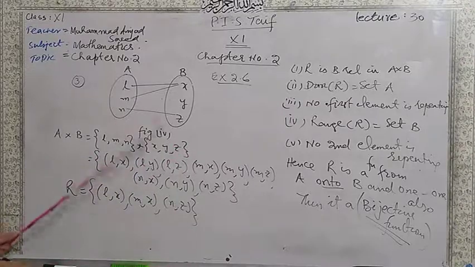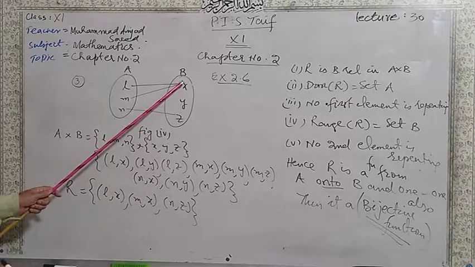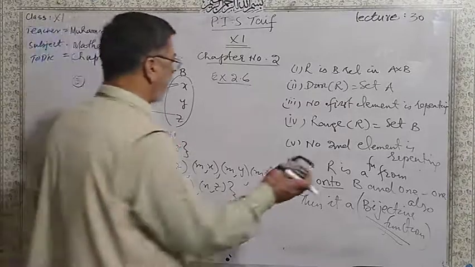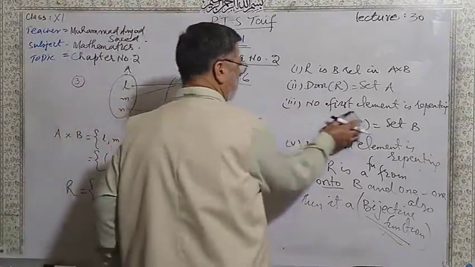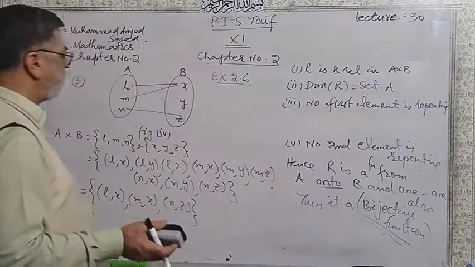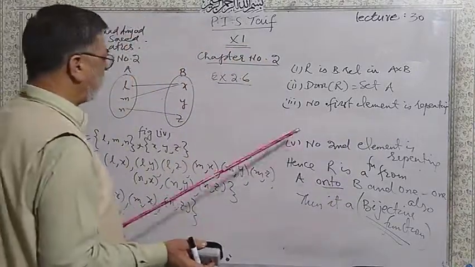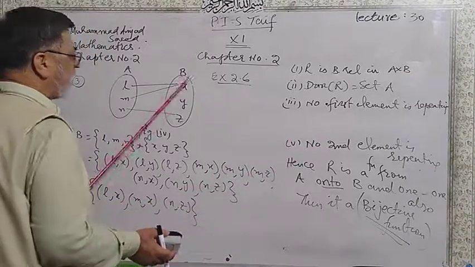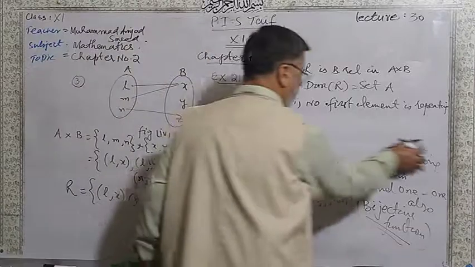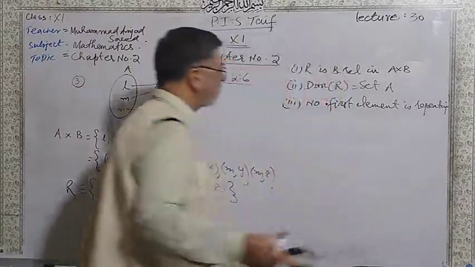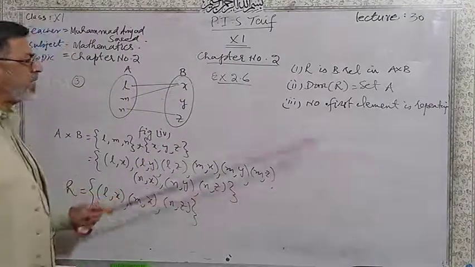After that, range of R. Is it set B? But set B is X, Y, Z. Y is missing. So, dear students, the fourth condition is not satisfied. And then definitely, the second element is also repeating. Here, X is repeating 2 times. So, what is your result? 3 conditions are satisfied.